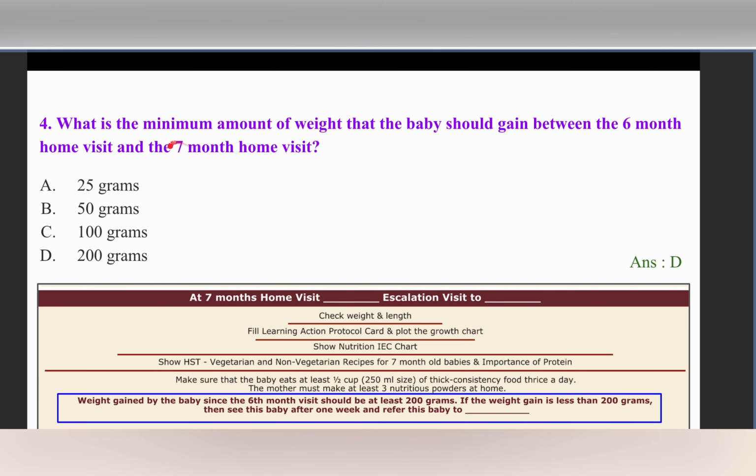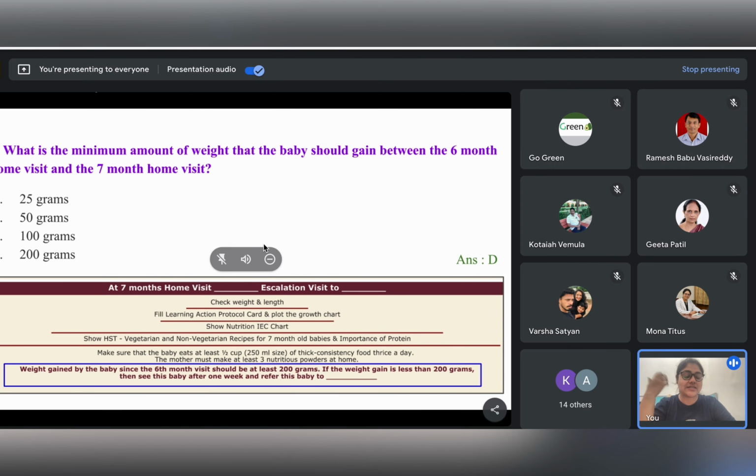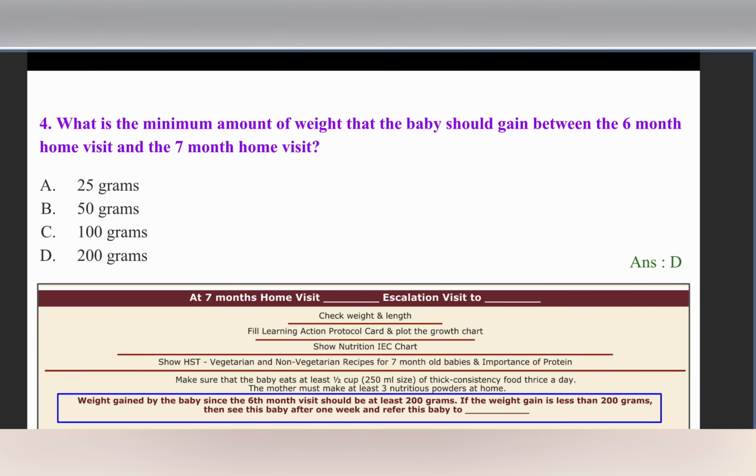At 8 months, as we just studied, it is mushy, chunky food, also half a cup, four times a day. The 7-month child gets half a cup of thick consistency food thrice a day.